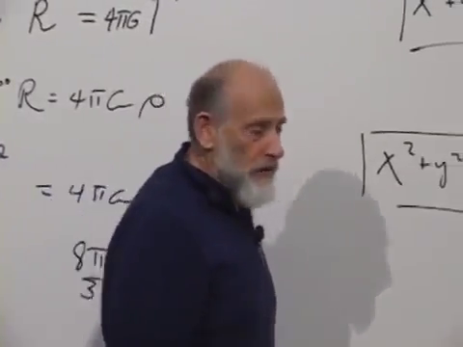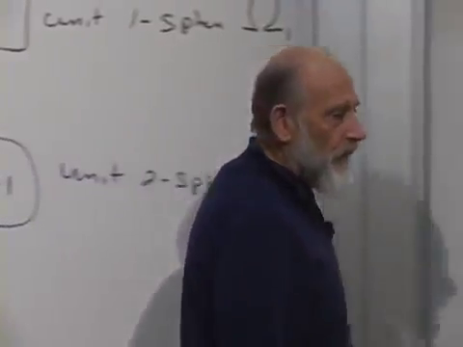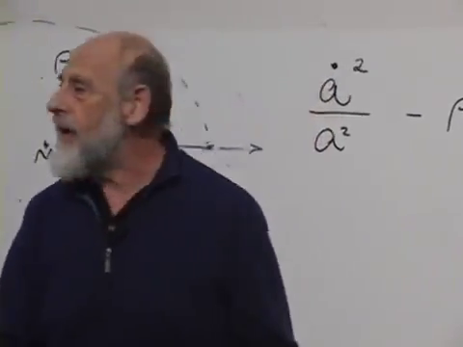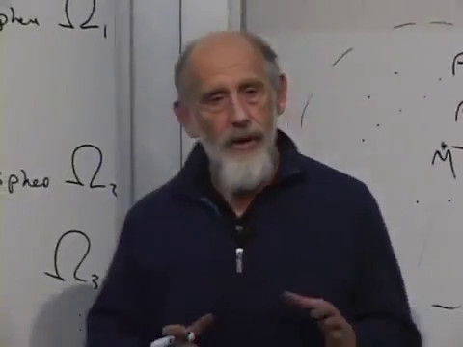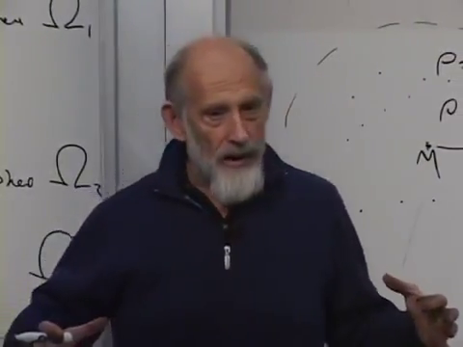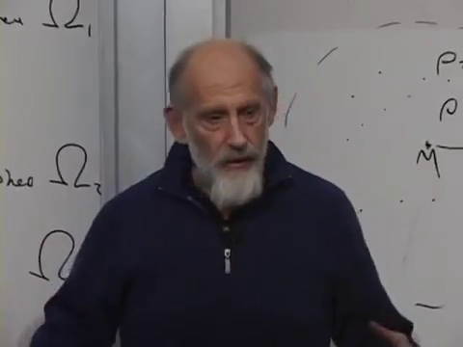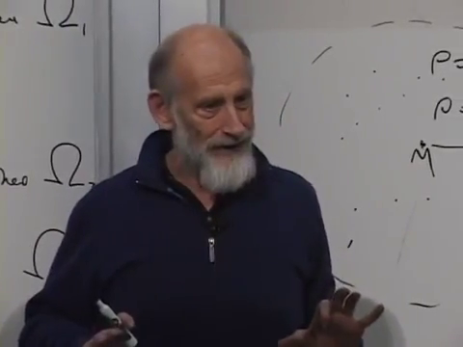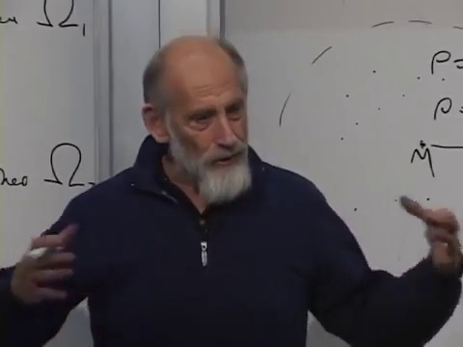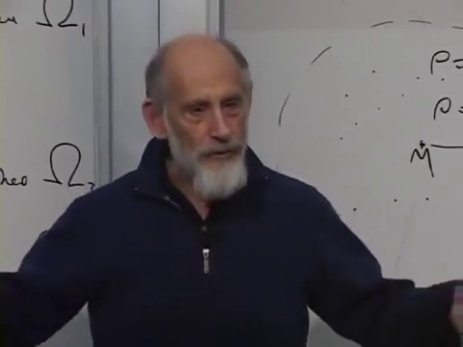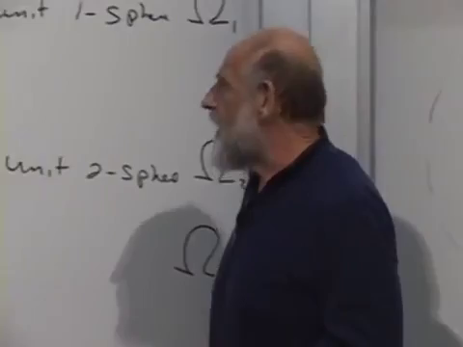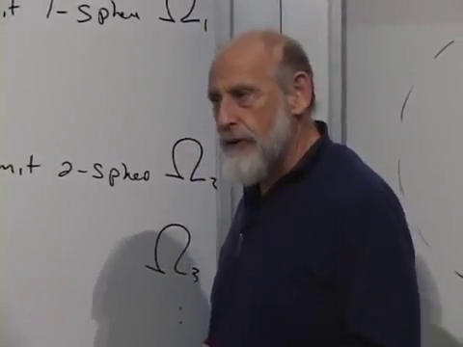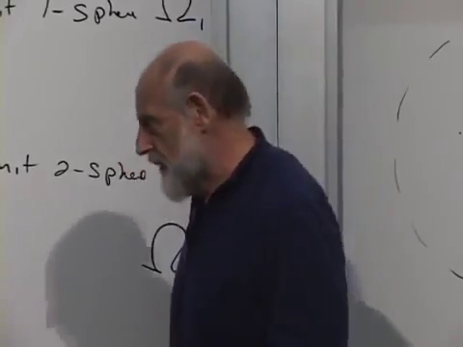Now, there's another term in the curvature which would be there even if the scale factor wasn't changing with time. If the scale factor wasn't changing with time, but if space was curved, no time dependence, but curved space, then again, space-time has curvature, just by virtue of the fact that space has curvature.